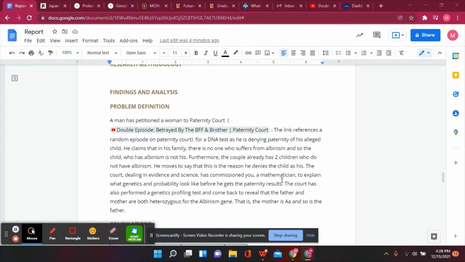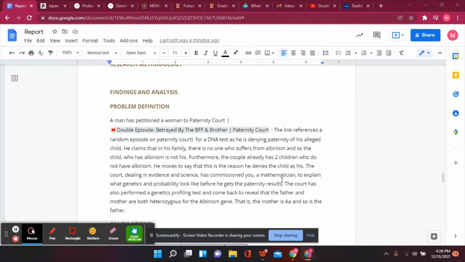So in this situation, I formulated a problem whereby we would have this kind of father who's already had two children with his wife, and now they have a third child who has albinism, and he claims this cannot be my child. And then the court commissions a mathematician like myself and says, well, can you come and help us explain the probability of this happening with, of course, some of this evidence that we've gathered, which is genetic profiling of both the mother and the father.